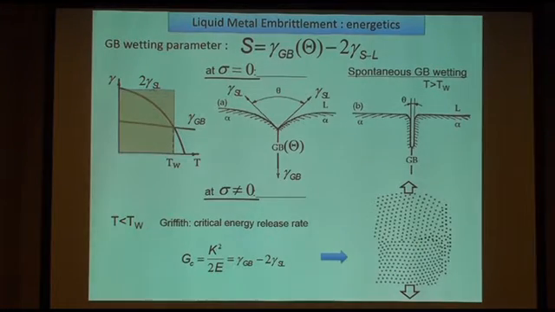So now let's go back to some energetic view of liquid metal embrittlement. If you look at the grain boundary wetting parameter, you just take the difference between the grain boundary energy in the initial state and the final state, which is two solid-liquid surfaces.